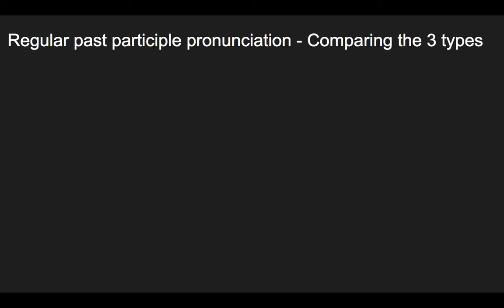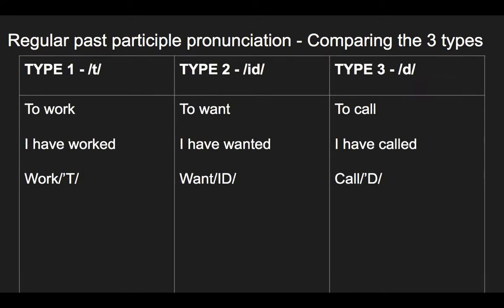So, for the regular past participle, a bit like in the regular simple past, it's the same thing. There's three types of pronunciation. Type 1 is a t sound: to work, I have worked, worked. Type 2, id: want, wanted, I have wanted.